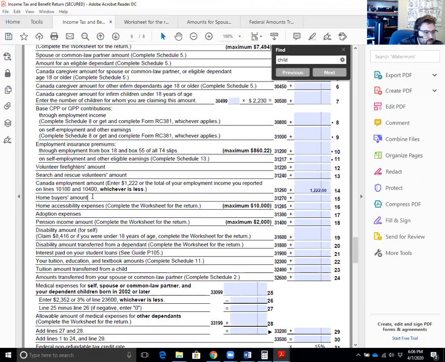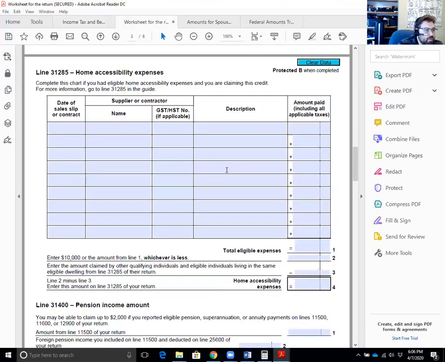Home buyer's amount, didn't buy a new home. Home accessibility expense. This is for, let's take a look at it, disabled. If you're disabled, complete this chart if you had eligible home accessibility expense and you are claiming this credit. For more information, go to line 31285 in the guide. Okay.